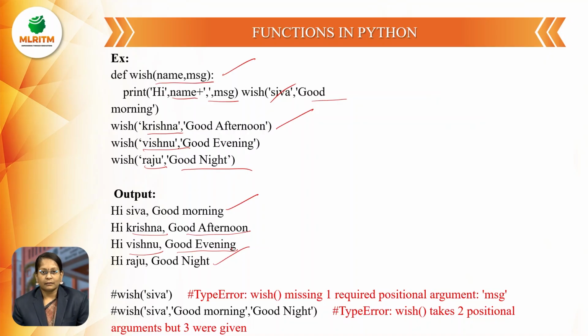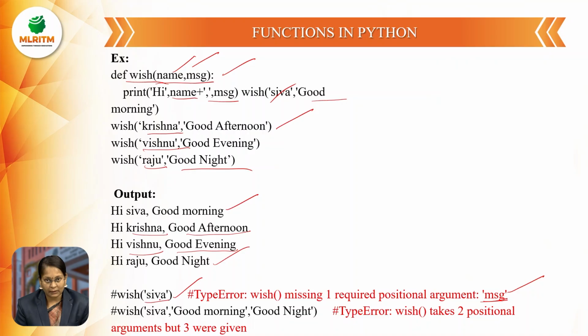Suppose the number of arguments in the function definition and the calling function are not the same, then the interpreter will give an error message. For example, wish Shiva. The wish function has 2 arguments, but here we are calling with only 1 argument. That's why the type error is: wish missing one required positional argument, msg.